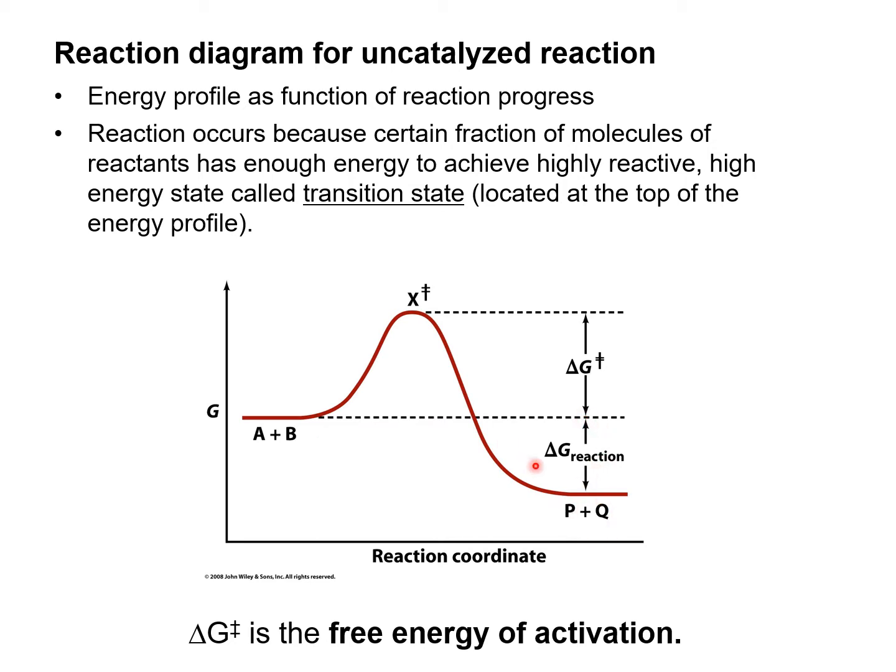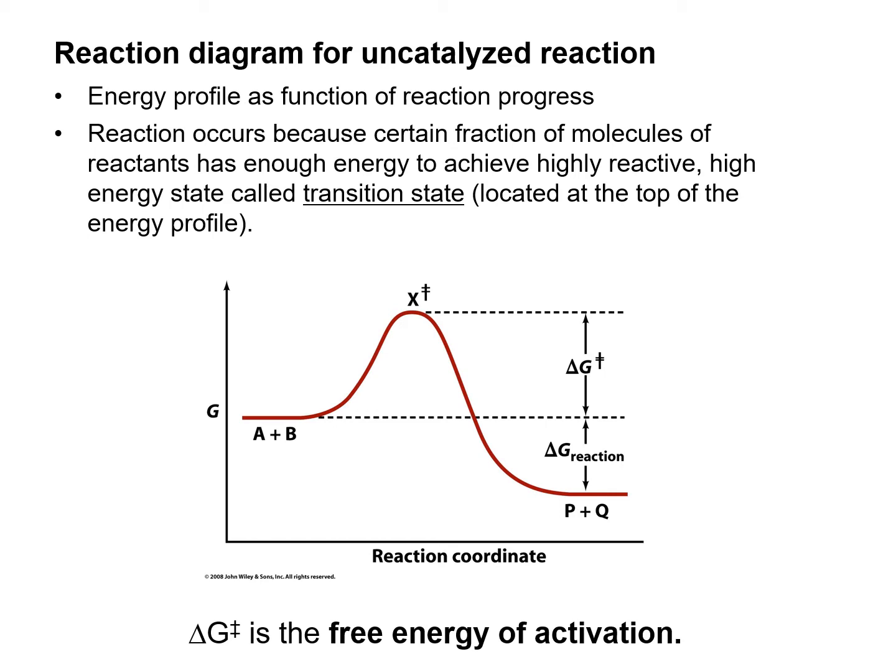This is a delta G with a negative value because products have lower energy. So it would have been a spontaneous process if there wasn't this huge hurdle in terms of energy changes. And this top point, which is the highest energy within this energy profile, is called the transition state, which is a highly reactive, high energy state.